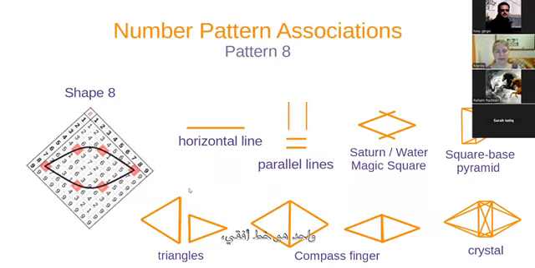One is a horizontal line, triangles, compass, fingers, crystal, the square base pyramid that is pointing towards one side, as well as the Saturn magic square for the water element.